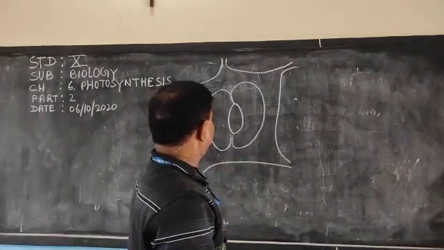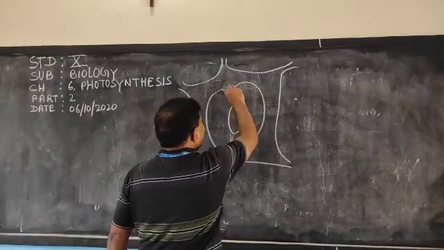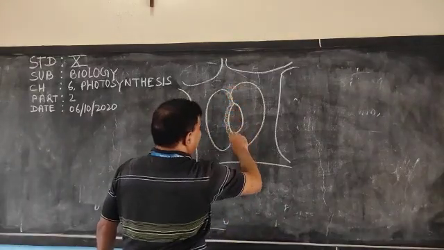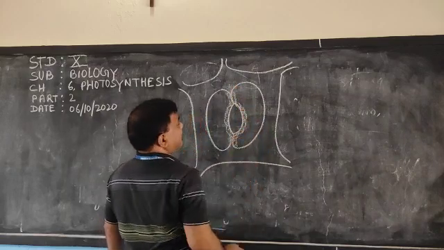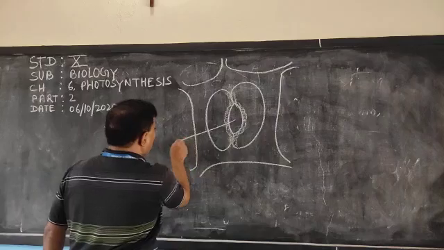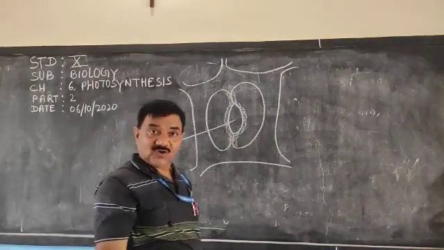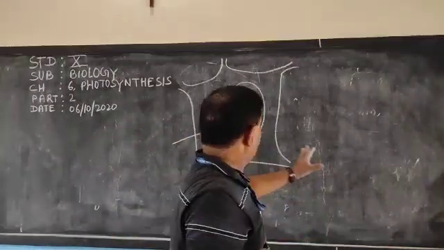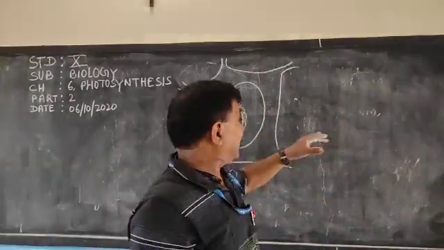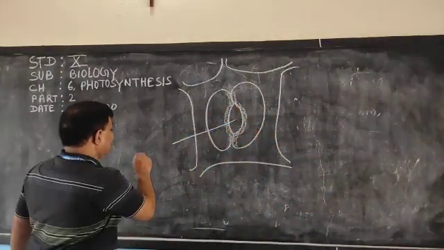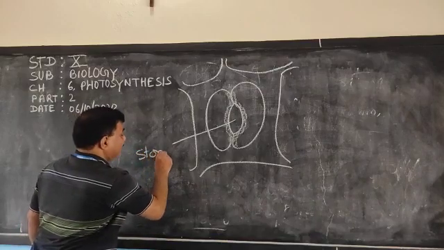Yes, it is an open stomata. And these inner walls are thick. Keep in mind, these inner walls are thick, and this opening is called a stoma. The whole apparatus, the whole thing, is called stomata, and this opening is called a stoma.